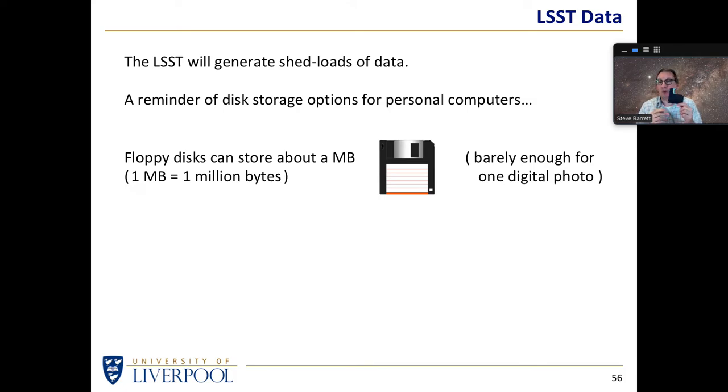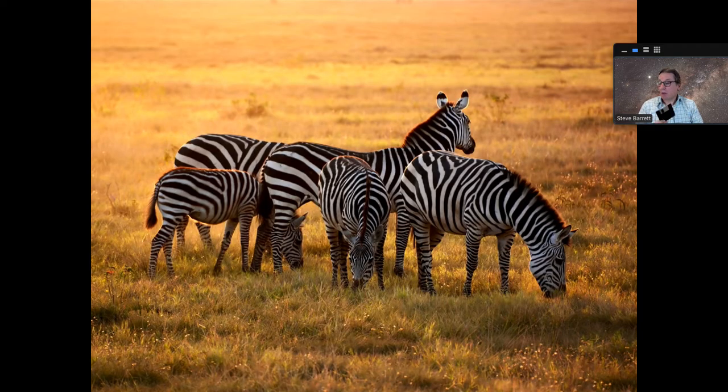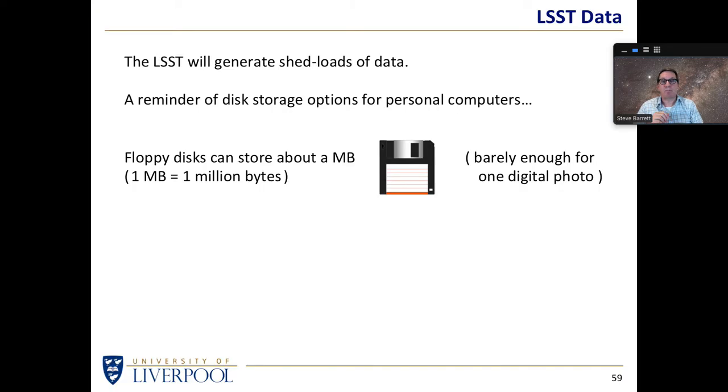A megabyte or so, 1 million bytes of information, which of course is barely enough for one digital photo these days. So there's a picture I took on Safari of some nice zebra. It's a 2 megapixel image after I've reduced it from its original size, and it occupies about half a megabyte. So I could store a couple of those on a floppy disk.